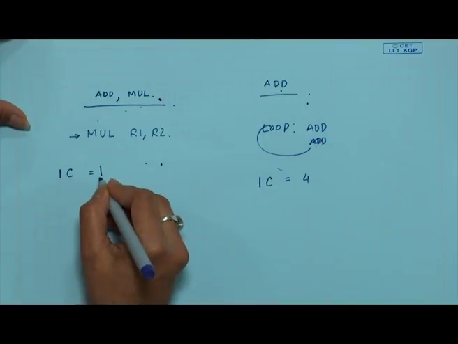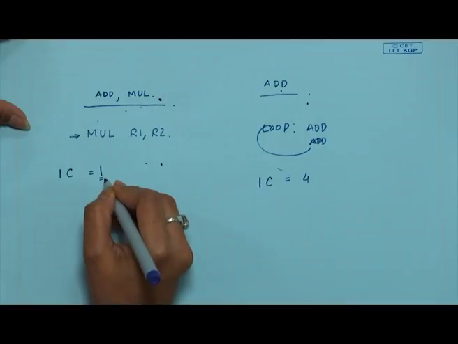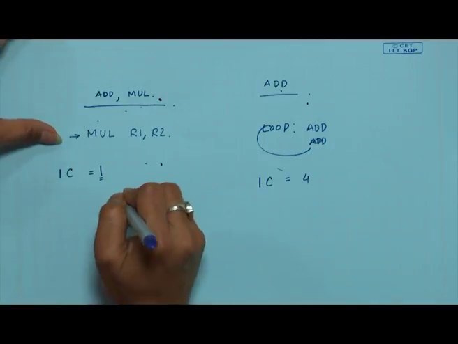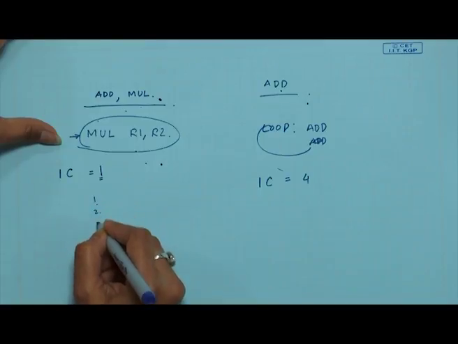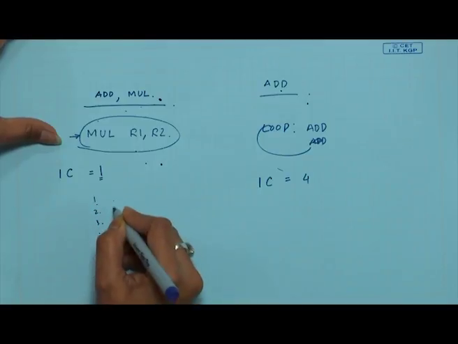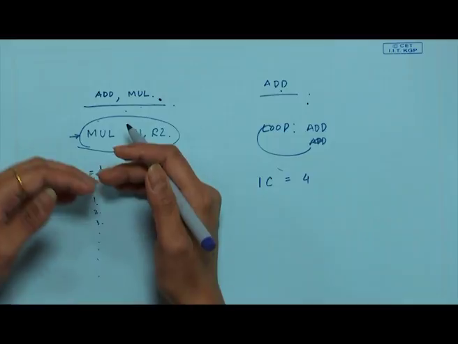Now, IC is 1, but the number of cycles required to execute it, that means the micro-operations, the steps in which we are performing something, might be more. So, CPI, cycles per instruction, will be more.